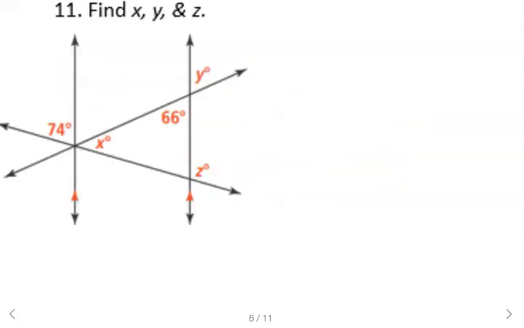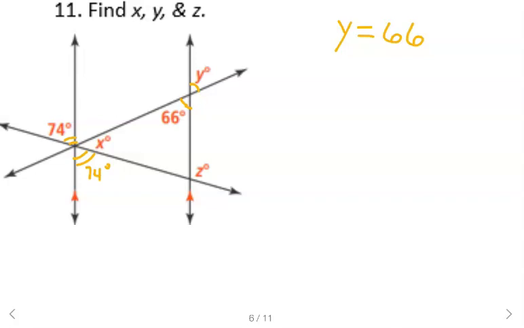All right, we want to find x, y, and z. One thing I'm noticing is that angle y and 66, those are vertical, so y must be 66. We've got some vertical angles here as well, so this will be 74.